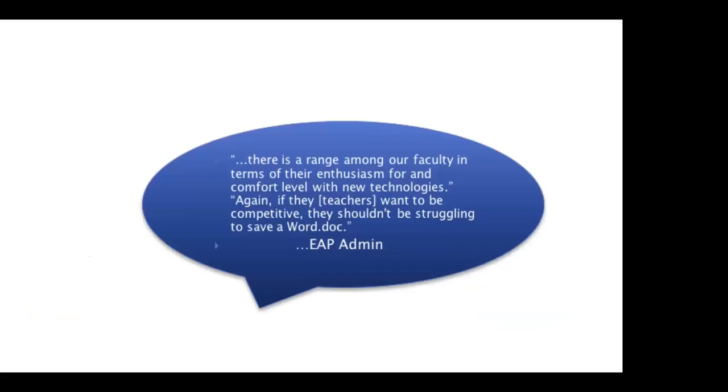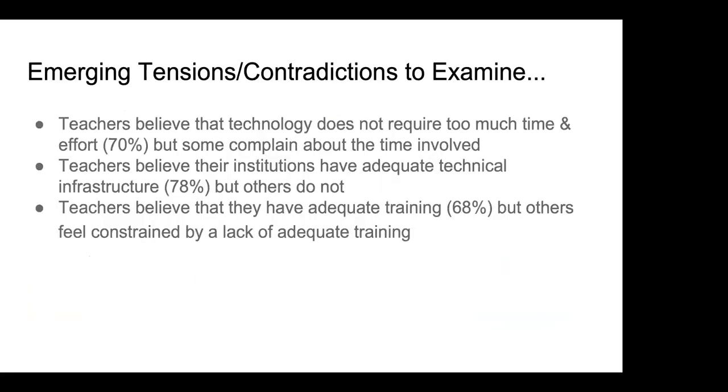Admin said there's a range among our faculty in terms of their enthusiasm for and comfort with new technologies. Again, if teachers want to be competitive, they shouldn't be struggling to save a Word doc. So that's a comment on digital literacy, but it depends on the context and on what we're comfortable with as teachers. There are some emerging tensions in the data that we're seeing.